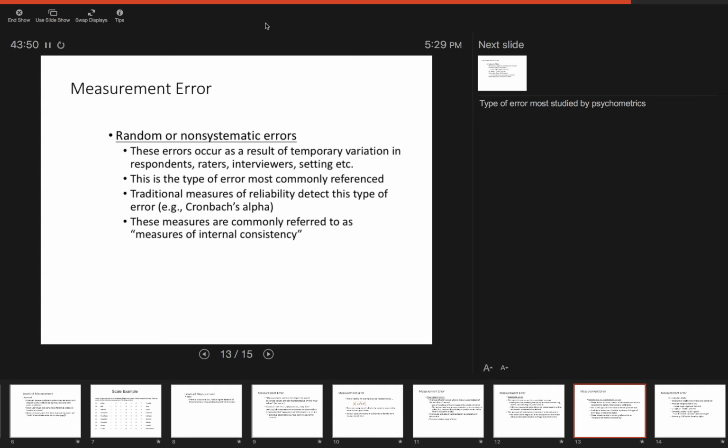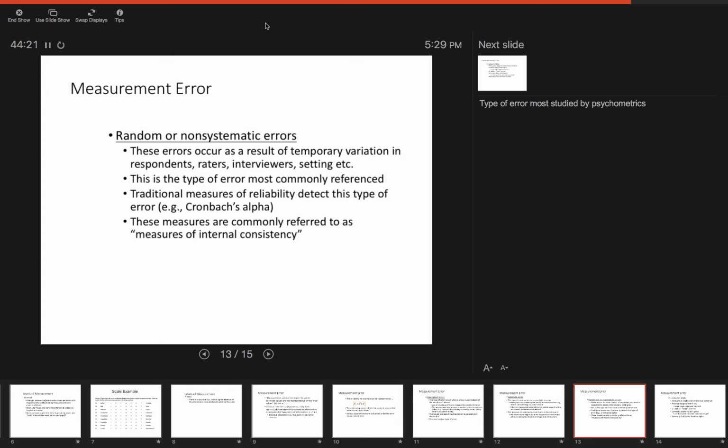And so those errors, if the sample is large enough, tend to cancel out. And when we talk about measures of internal consistency, this is the kind of error that we're capturing there when we're doing some kind of reliability.